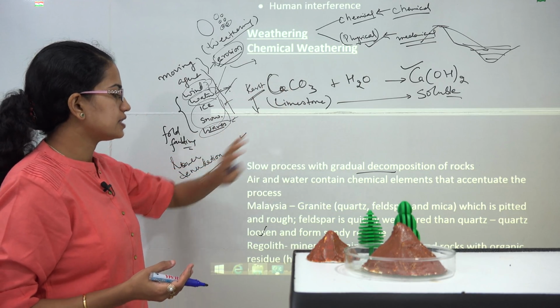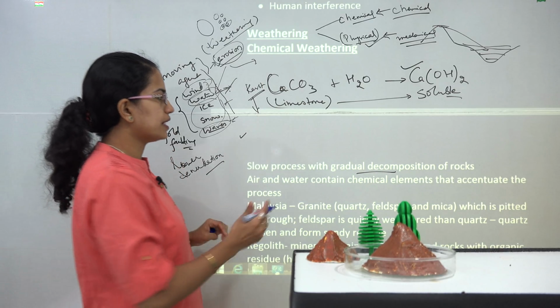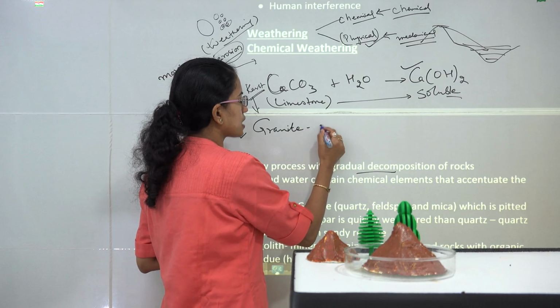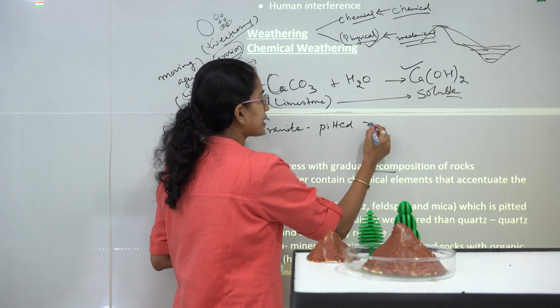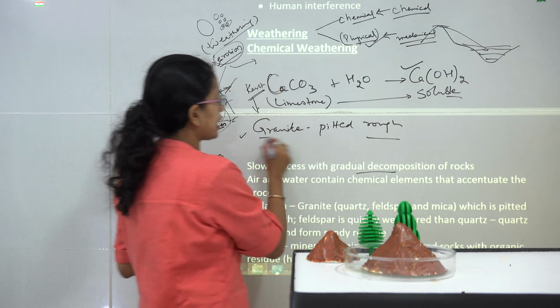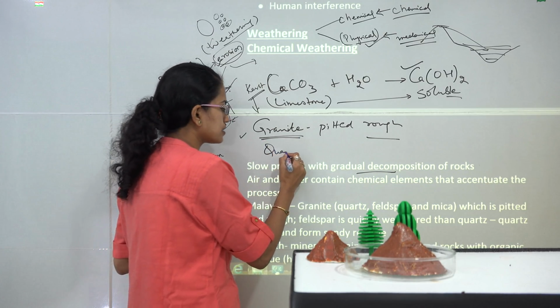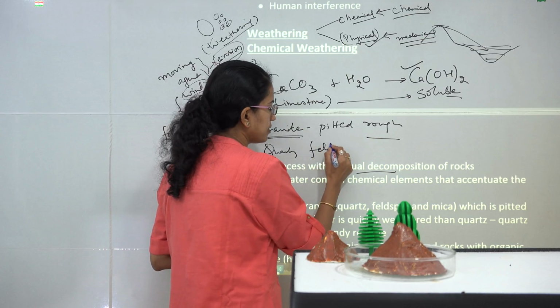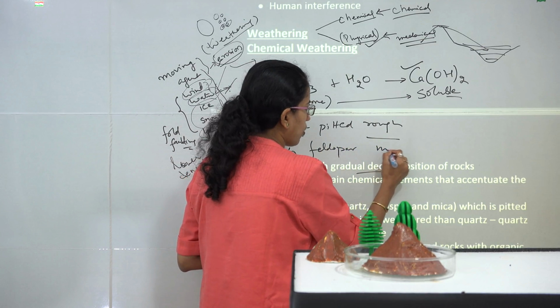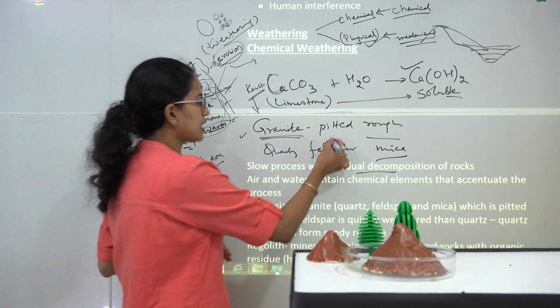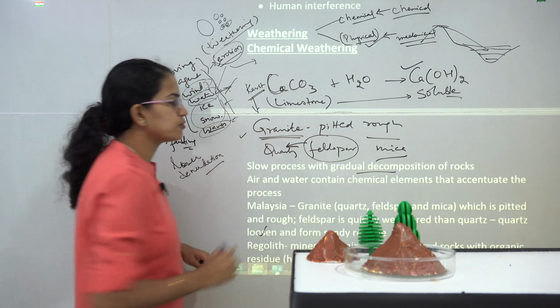Now good examples here are in Malaysia. In Malaysia you have granite features. Now these granite features are pitted and rough. Why are they pitted and rough? This granite is made up of three major elements: quartz, feldspar and mica. Among these three, feldspar weathers at a faster pace as compared to quartz.